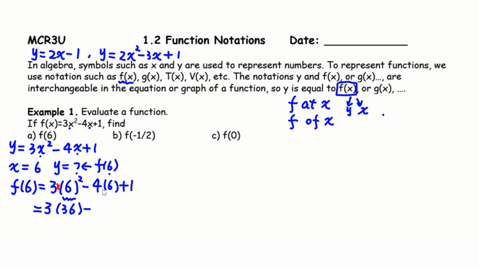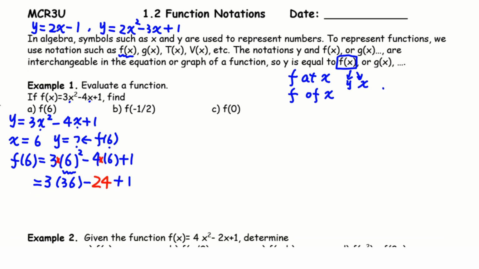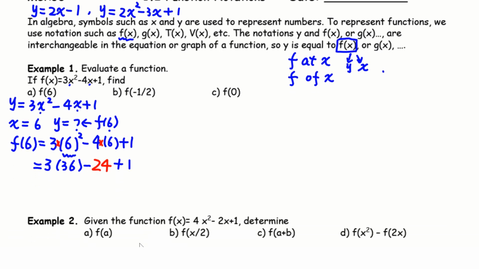Then for the subtraction, adding, subtracting, multiplying, we do the multiplying first. 4 bracket 6 means 4 times 6. So 4 times 6 gives you 24. Then plus 1. We have multiplication: 3 bracket 36 means 3 times 36 minus 24 plus 1.